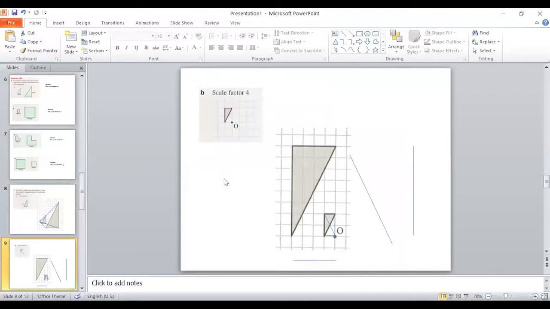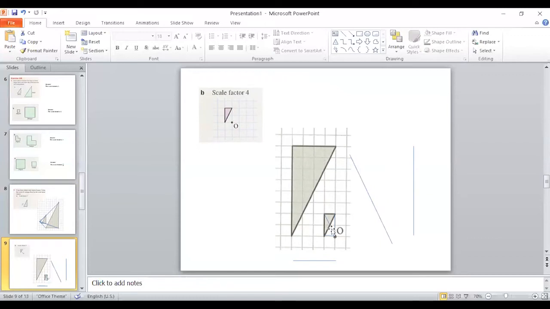Now let's comprehend how the enlargement of this triangle is obtained using the scale factor 4. In order to obtain this one, you can count carefully how many square shapes you need to move right or upwards in order to multiply by 4 to obtain the image object, sorry.